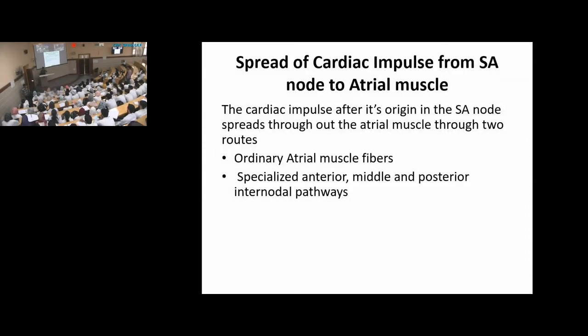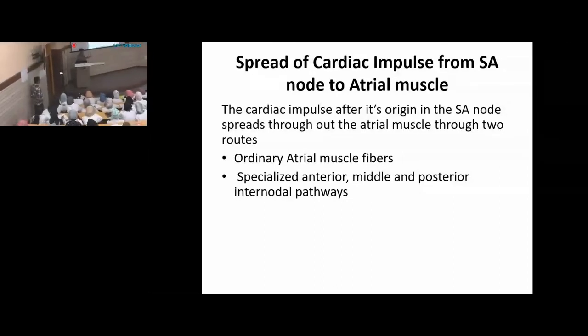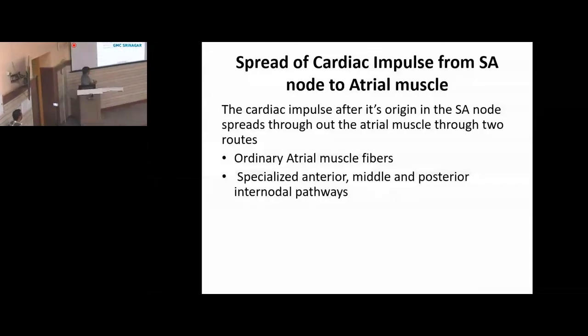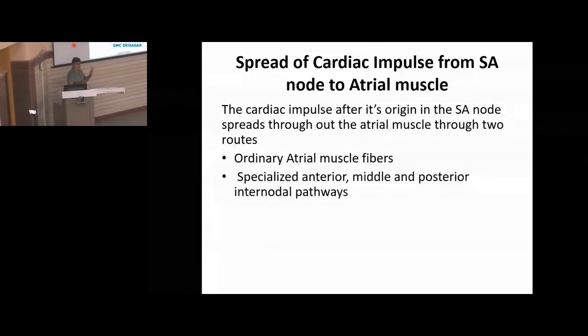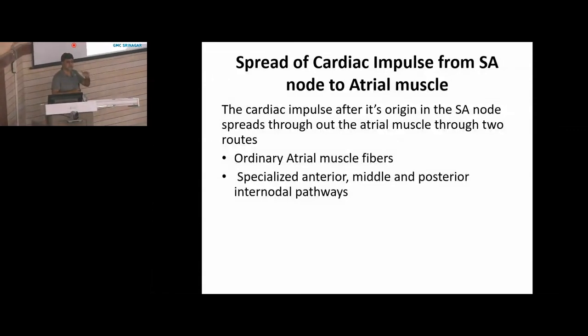What will be the difference in conduction between ordinary atrial muscle fiber and these internodal pathways? Fastest conduction is in the internodal pathways. These are components of the conduction system of the heart, so they conduct the impulse faster.